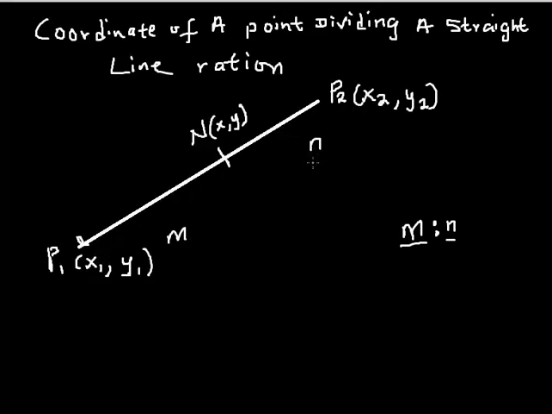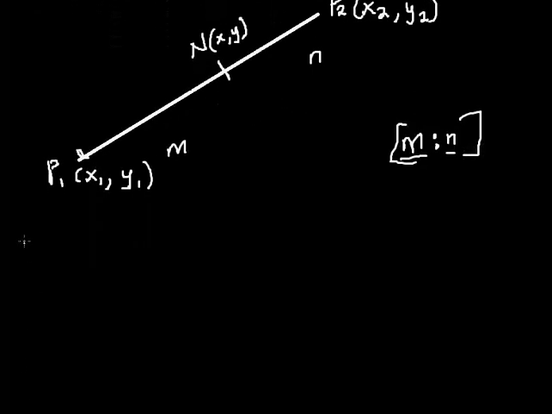Remember, ratio goes in order. So how do I divide this line by this ratio? Here we go. The coordinate of that point N, with coordinate x comma y, that divides the line into this ratio can simply be solved this way.